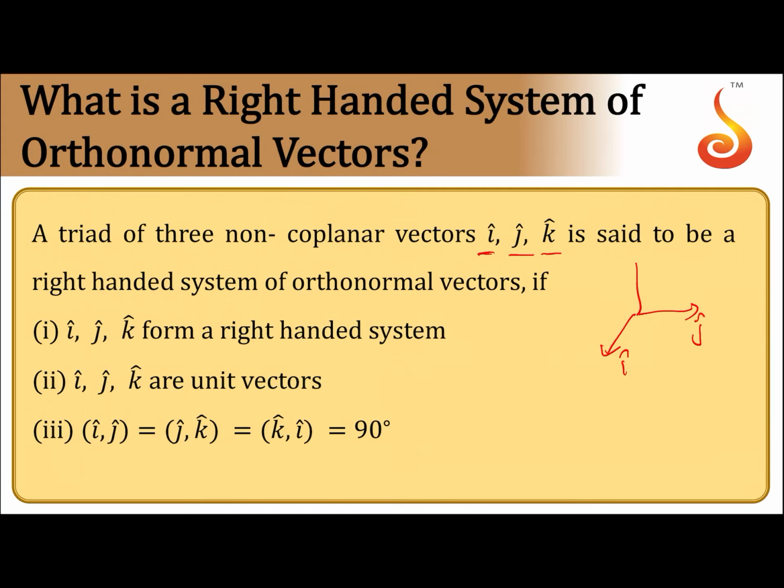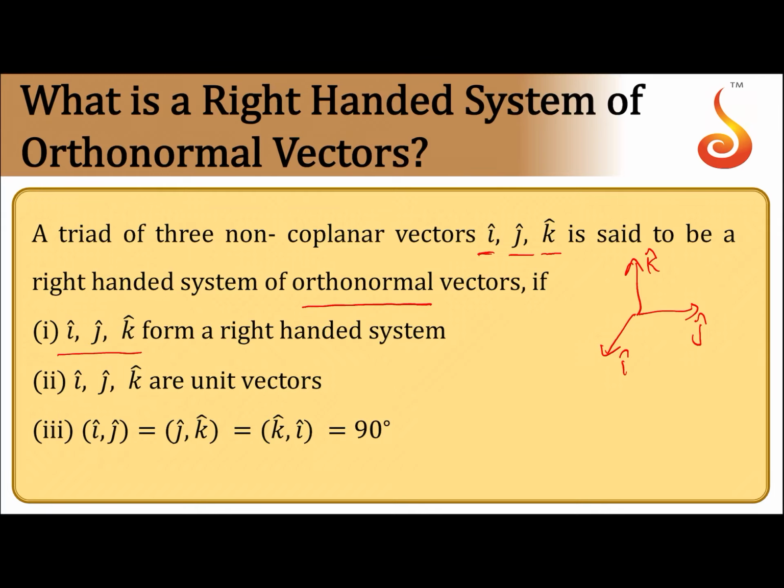If they are not unit vectors, then I say orthogonal. Orthonormal means not only mutually perpendicular, they are also unit vectors.